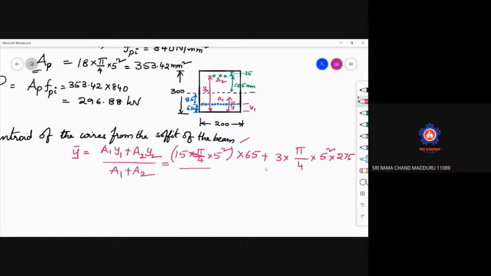By a1 plus a2. a1 is 15 into pi by 4 into 5 square plus 3 into pi by 4 into 5 square. Now tell me what is the y bar distance?